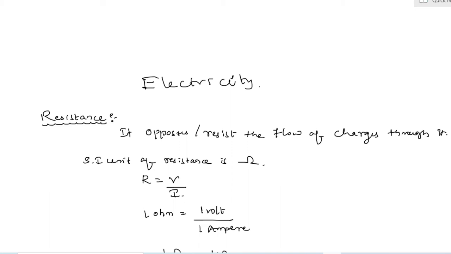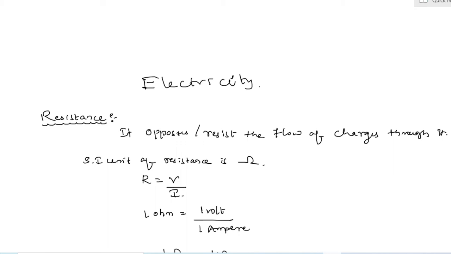and Ohm's law. Ohm's law was given by the German physicist Georg Simon Ohm in the year 1827. Ohm's law gives a relationship between the current I flowing in a metallic wire and the potential difference V across its terminals.